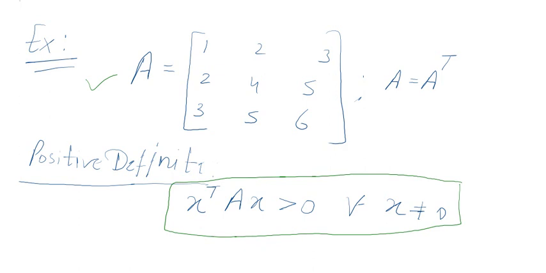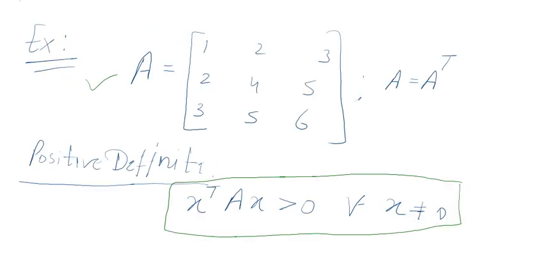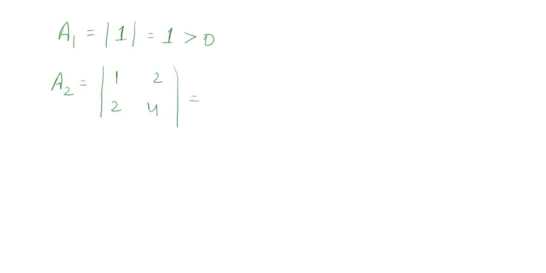It's a 3 cross 3 matrix, so I need to identify A1, the determinant of 1, that is 1, strictly greater than 0. Now A2 is the block 1, 2, 2, 4. This is one block, then another block, then the complete matrix. So it will be 4 minus 4, that is 0, which is not strictly greater than 0. So here you can get out of your algorithm.